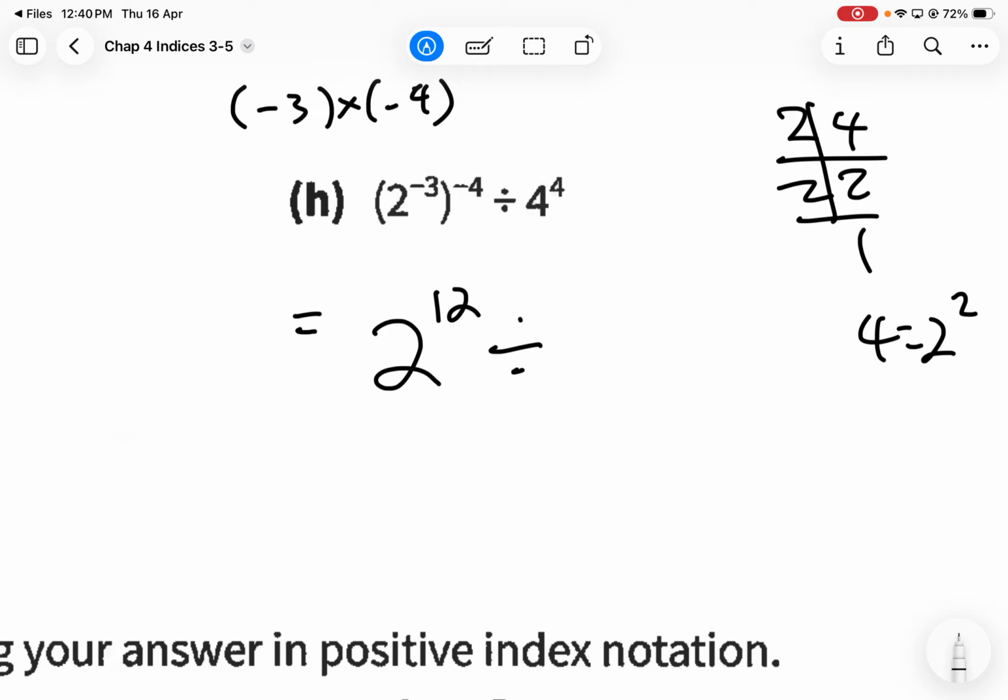So I don't write 4 as 4, I write 4 as 2 squared. In mathematics, we always have to be able to write the same thing in a different form. So this time round, I write 4 as 2 squared. 4 has power 4, so now 2 squared has power 4.